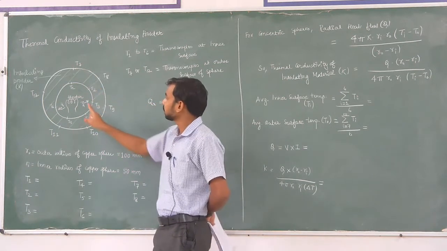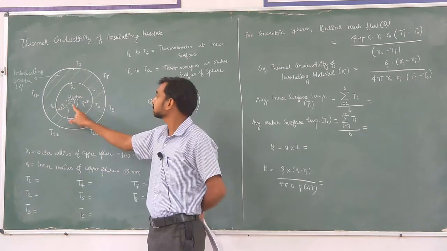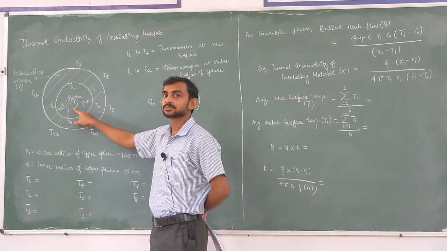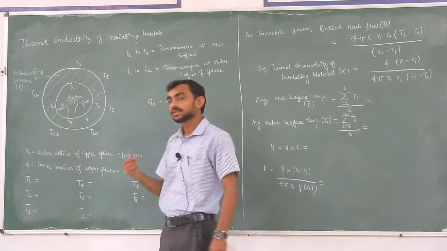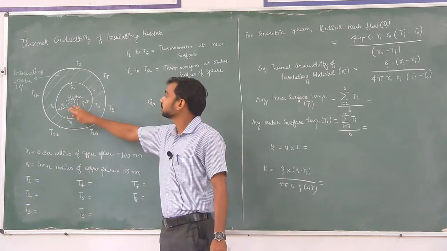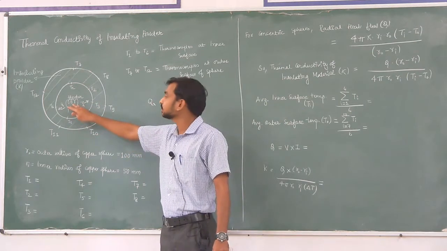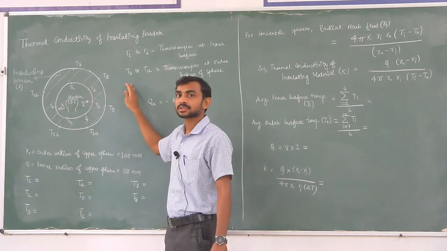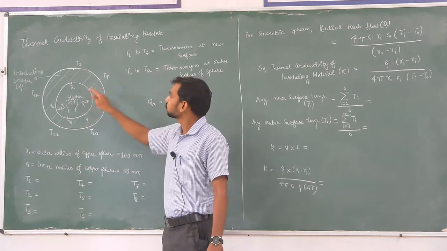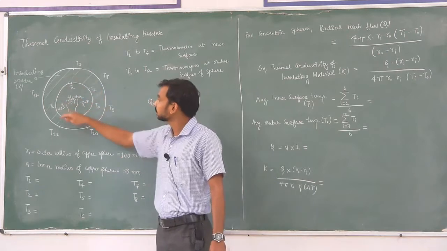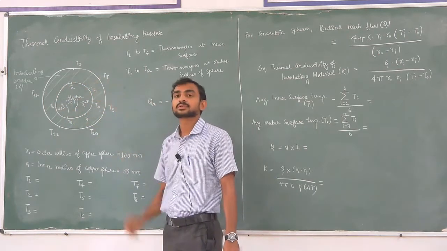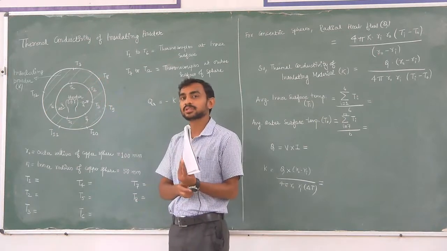And at the center of this sphere there is a heater which generates the heat at the center, and if the steady state has already been achieved, the heat supplied to the heater must be dissipated to the surrounding, so that the temperature of this insulating powder will not be increased.